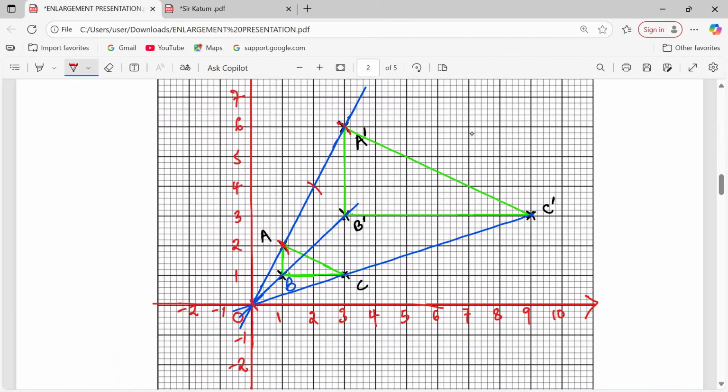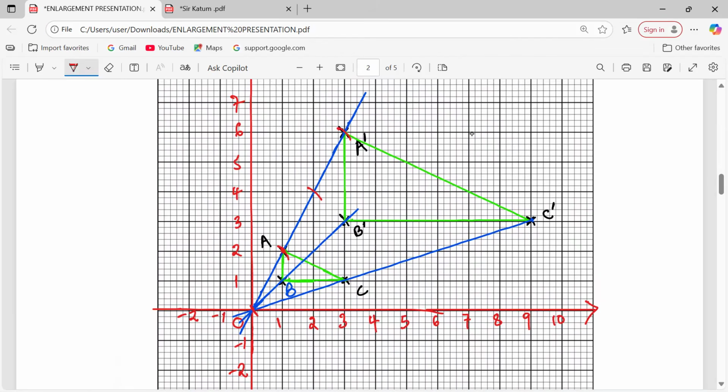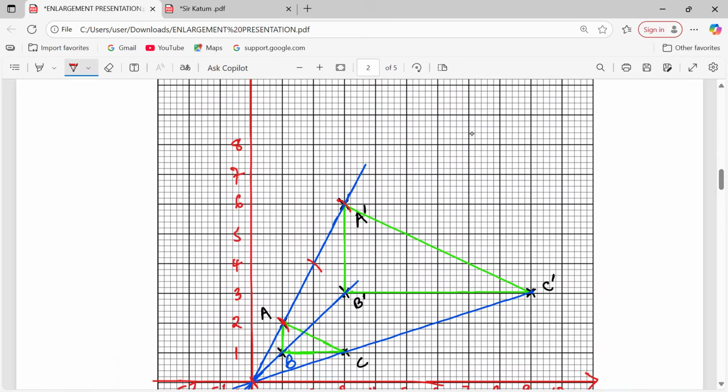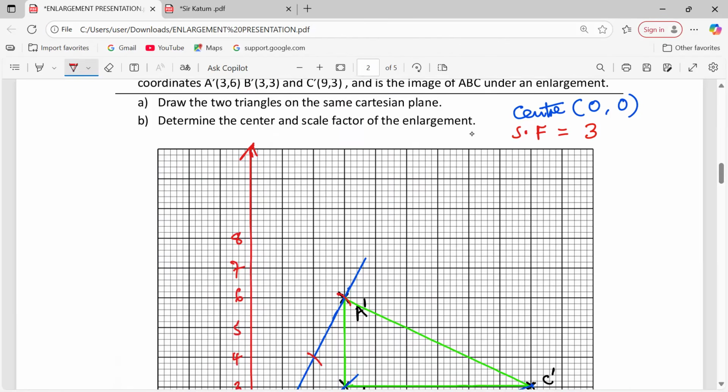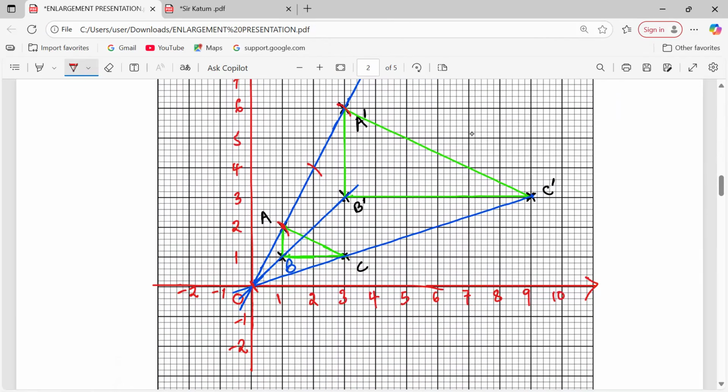So the distance from the center to the image is 3 times the distance from the center to the object. And therefore, we can say the scale factor is positive 3, which can, in this case, be written as just 3 because it is anyway positive.